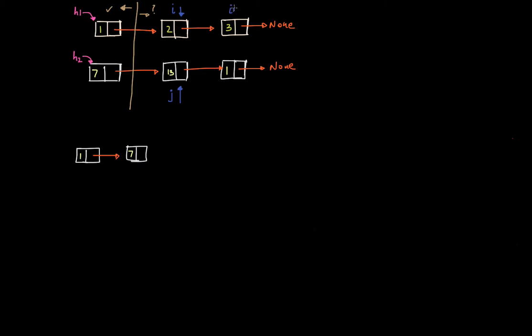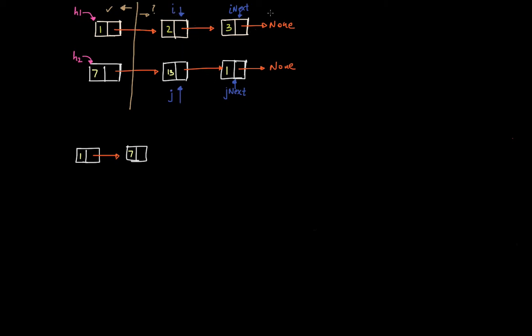Let's call this i next, because this happens to be one after i, that points at the node with the element 3, and then I have something called j next that points at this node with the element 1. Now what my loop invariant says is that i and j are always one after this vertical brown line. They always point at the nodes that need to be merged here.